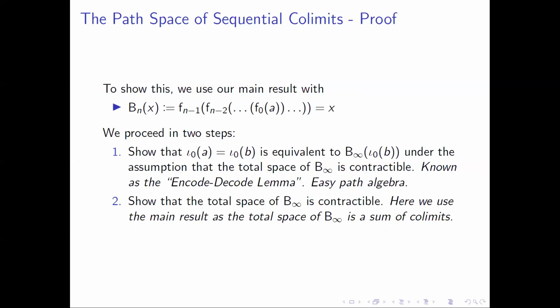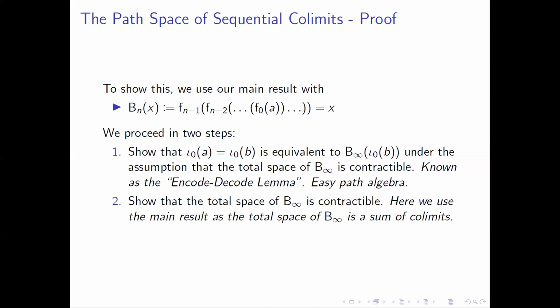And how do we do that? Well, first of all, we need to make sure that they live in the same type. So we lift the a, we carry the a along the chain of these Fs that we have, F0 up to F(n-1), to make sure that we end up with something that lives in An, and then we can compare that with x. We can form the type.